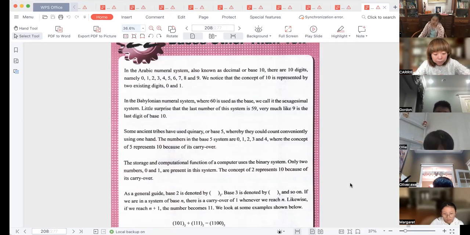Some ancient tribes have used quinary or base 5, whereby they could count conveniently using one hand. The numbers in base 5 are 0, 1, 2, 3, and 4, where the concept of 5 is represented by 10 because of its carryover.